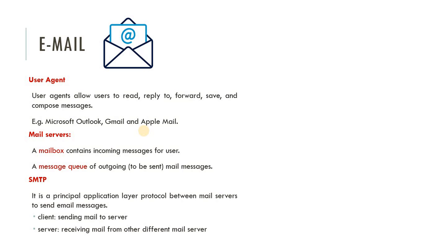Second is the mail server. A mailbox contains the incoming messages for the user, and a message queue holds outgoing mail messages. With the click of a mouse button, you can send an email from one point of the globe to another in a matter of seconds.